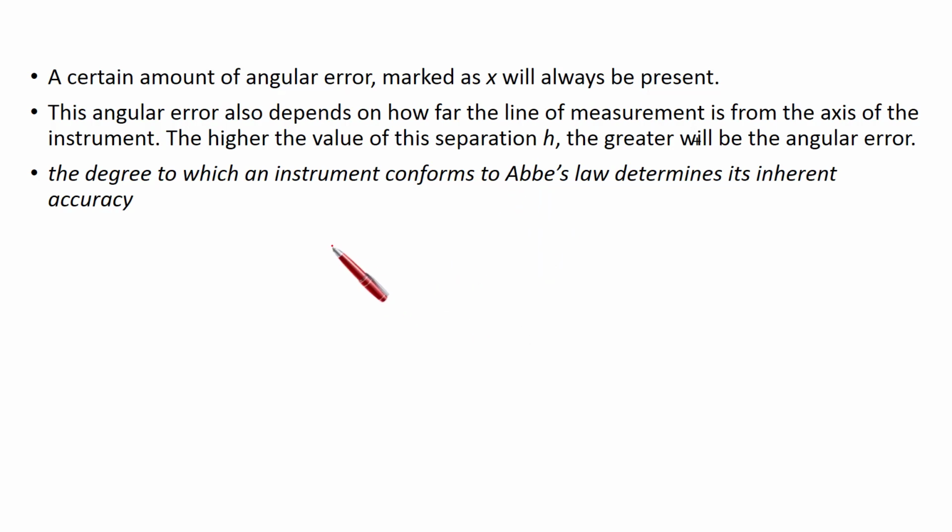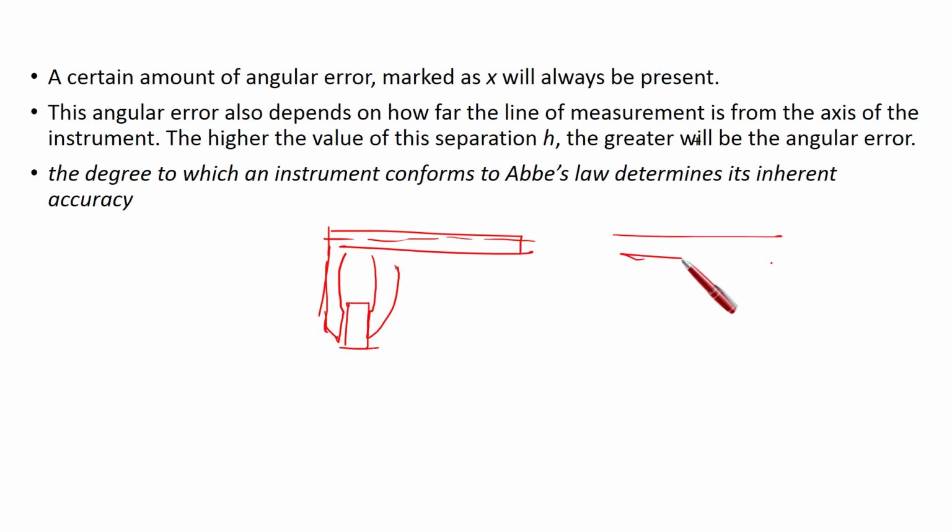So if there are two vernier calipers, this is the main scale, and here is the jaw. Just consider it. This is the jaw, and here is the object, and one more vernier scale is there. This is the vernier scale, and it has this jaw. Now this is the distance h1, and this is the distance h2.